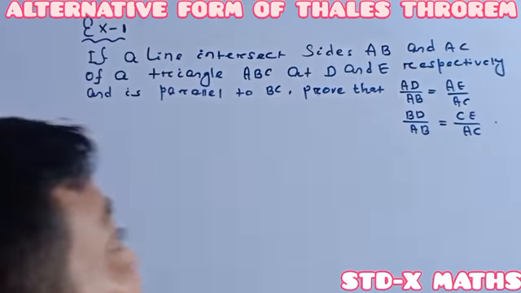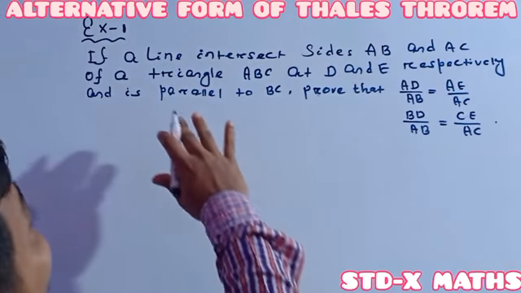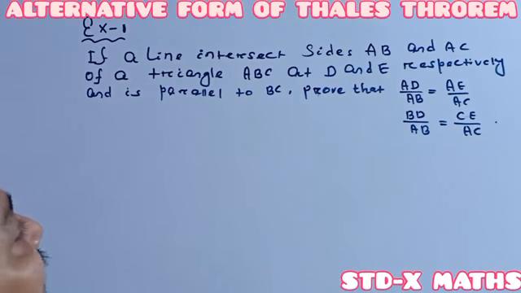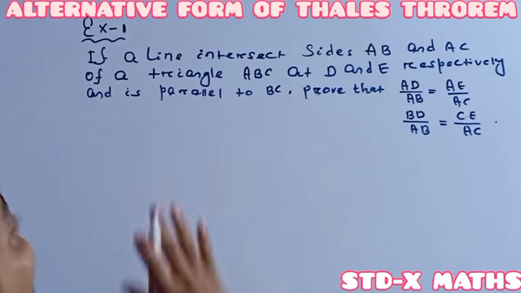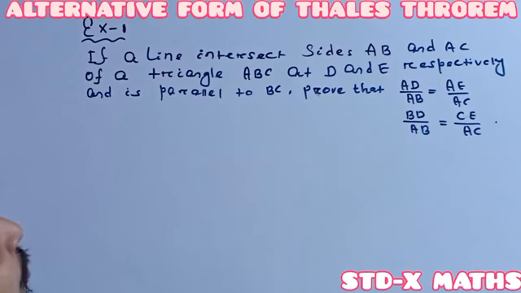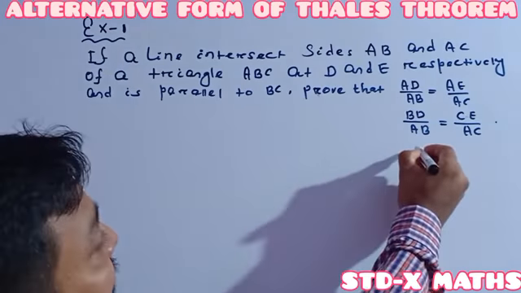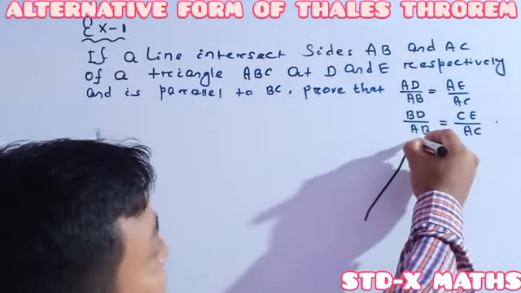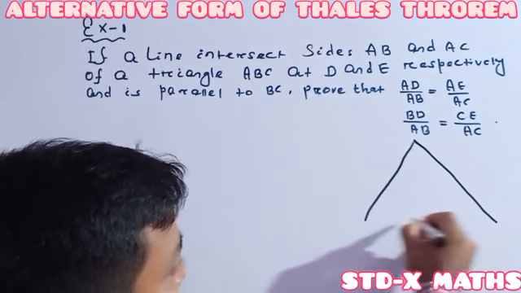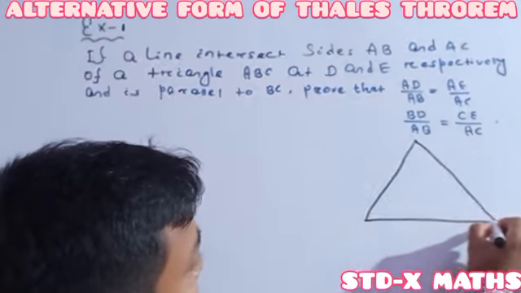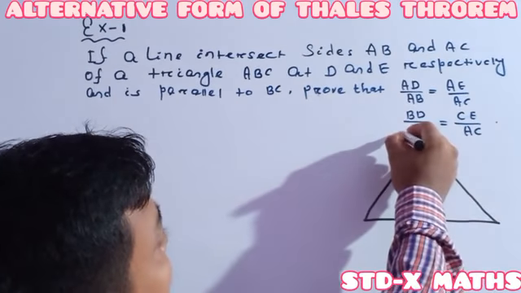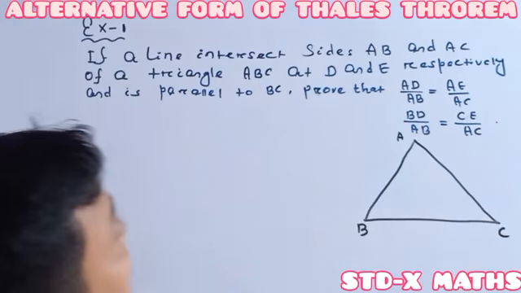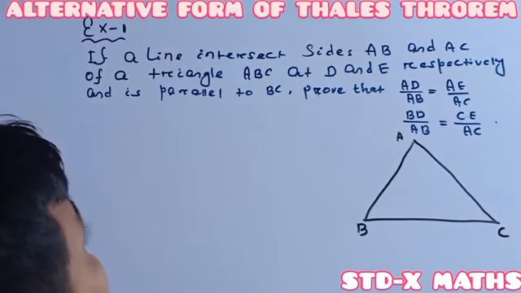Just see, here it is given that a line intersects sides AB and AC of a triangle ABC at D and E respectively and is parallel to BC. First I want to show you the pictorial form. Here ABC is a triangle.